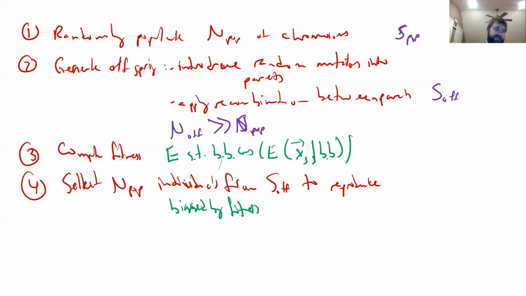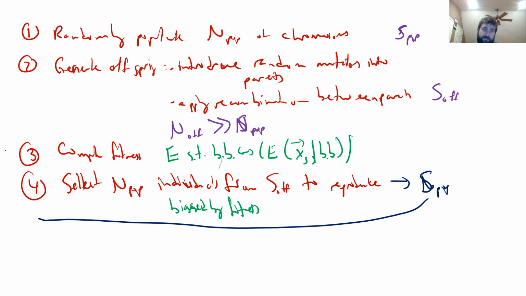And once we've done this, then we can iterate. We now have a new reproduction set. This then becomes our new S population, and we then go back to the offspring generation set.